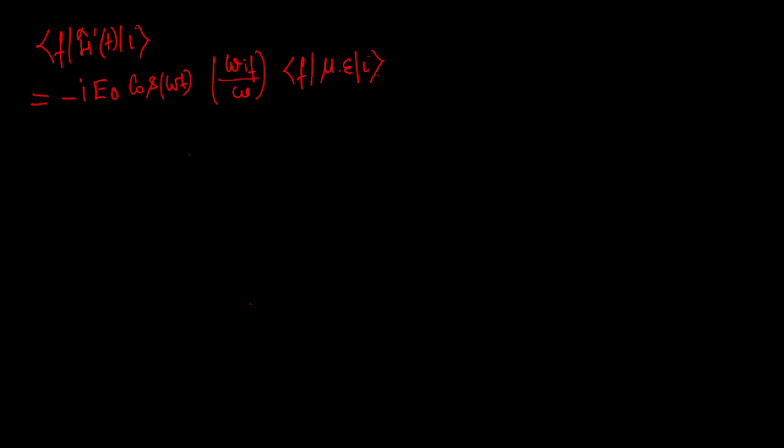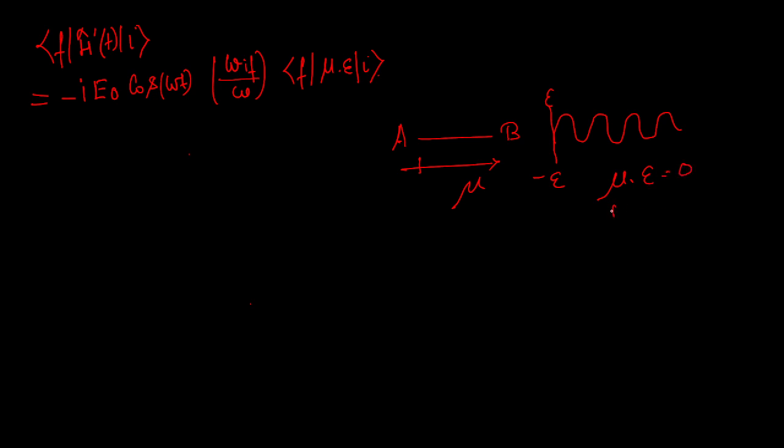One thing to note is that it not only depends on the dipole moment, it also depends on the electric vector. The transition dipole moment also depends on the direction of the electric field. So if a molecule is something like this and its dipole moment is like that, and the electric field of light is moving like that, then this value will be 0, there will be no excitation.